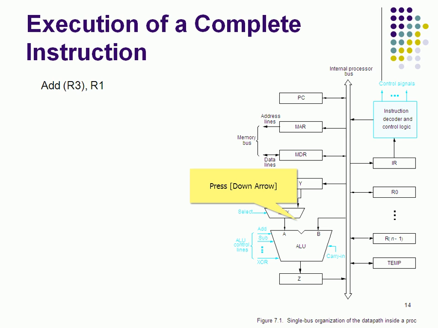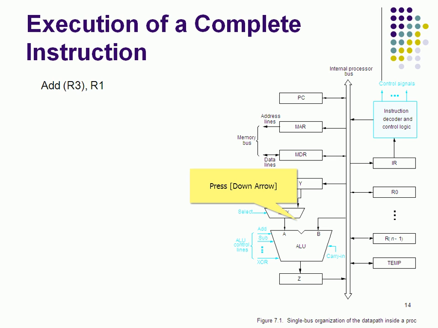You can see the general bus and processor, program counter, MAR, MDR connected to the memory bus, and the IR connected to the instruction decoder, and a bunch of registers R0 to Rn-1, a temporary register, and the major part is the ALU, which will receive two inputs called A and B. A is connected to the multiplexer, either Y or constant 4, which is selected by this. During program counter advancement, the constant 4 will be involved. Otherwise, in all other arithmetic logic operations, Y will be involved, and the rest goes to point A of the ALU.